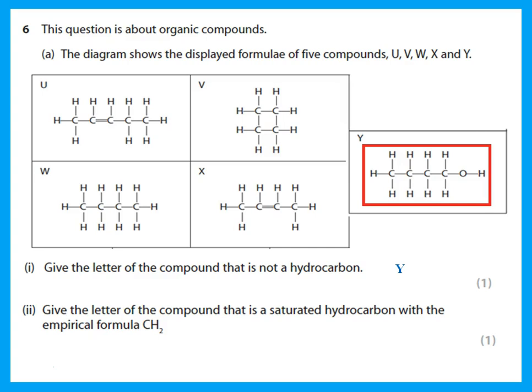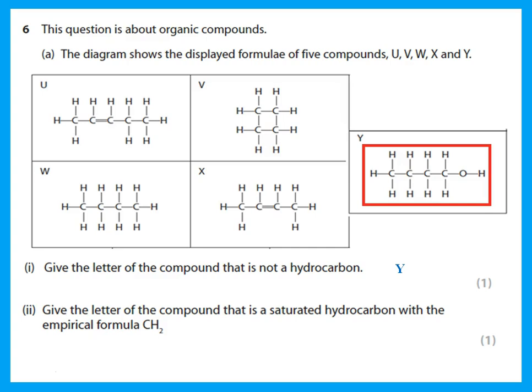Then he says, give the letter of the compound that is a saturated hydrocarbon with the empirical formula CH2. Again, I want to remind you, remember, we said CH2 is the empirical formula for alkenes. It is CnH2n. But it is also the empirical formula for a cyclic alkane.